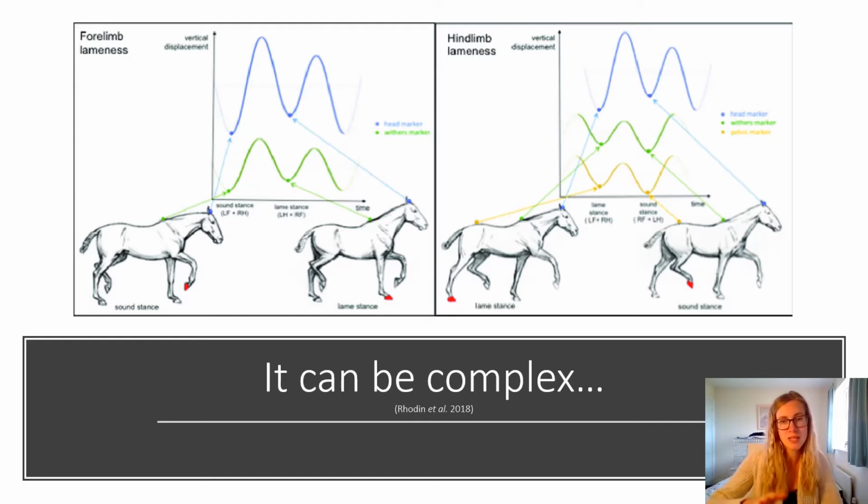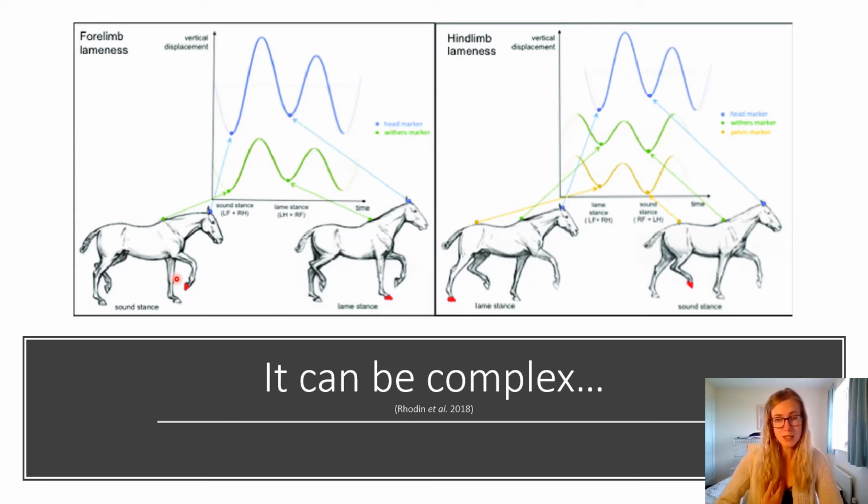What I wanted to do with this is to show you how it can seem complicated, but actually this is indicating something very simple. So what we basically got on the left hand side here is a lame right fore. What this is showing is when the lame limb is in stance, the wither and the head don't drop as much as when the sound limb is in stance.